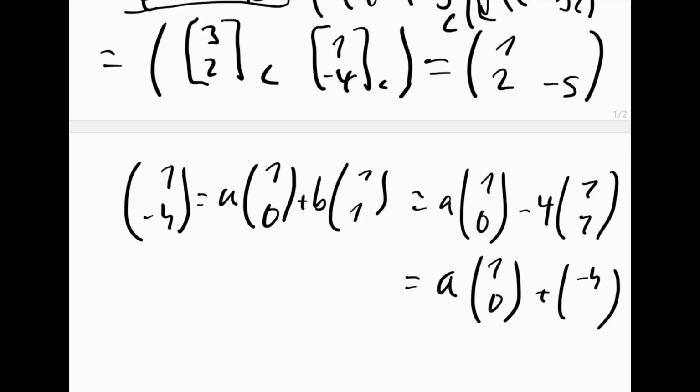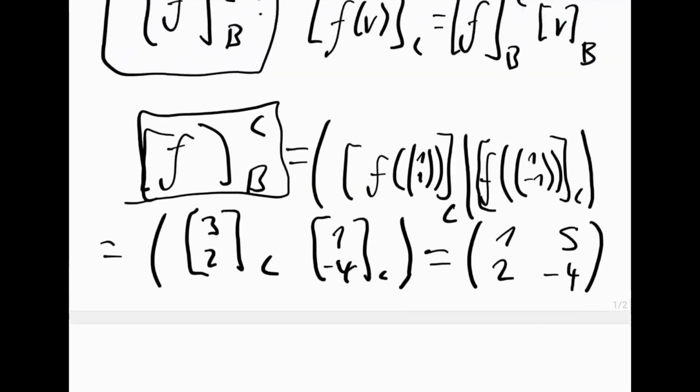So we have minus 4 minus 4, and all we need is to have a 1. So A should be 5. So this is minus 4 and A should be 5. This should work out. So now we have it.